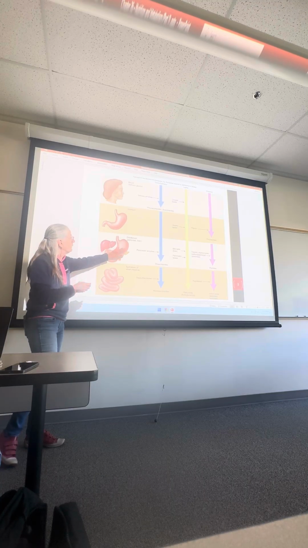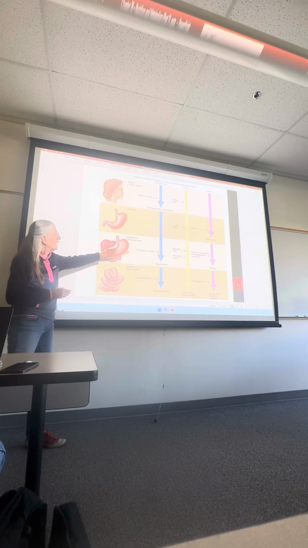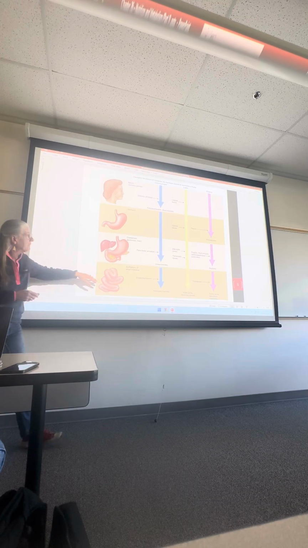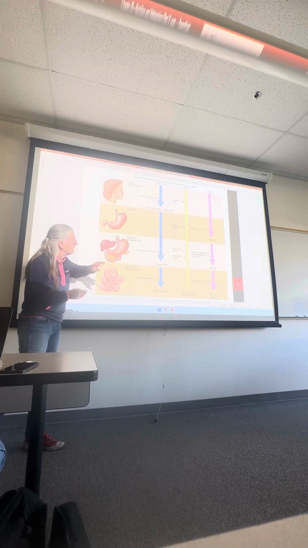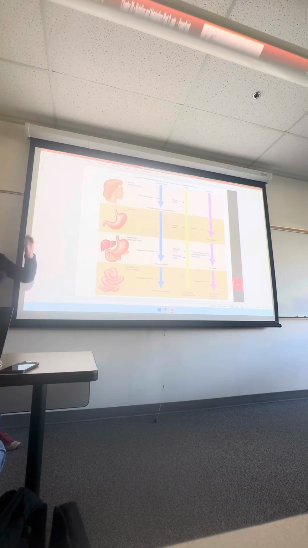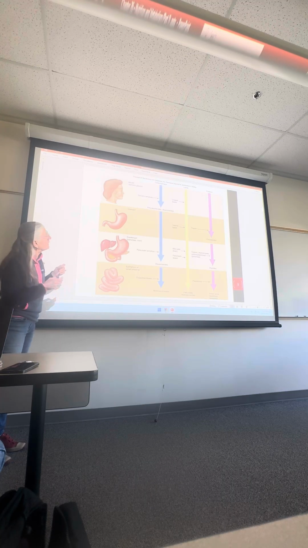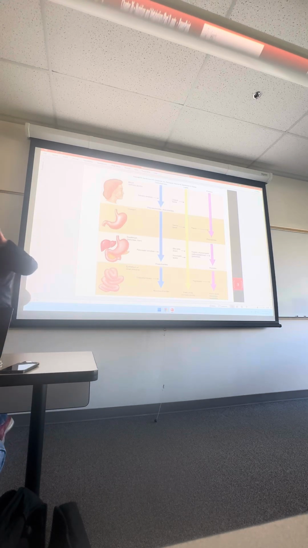Then we get to the duodenum and the small intestine, and we have the pancreas producing amylase, the pancreas producing lipase, the pancreas producing trypsinogen, and all the others, and then the trypsin that further produces these additional proteases. The carbohydrates at this point are turned into disaccharides, sucrose, that sort of thing.